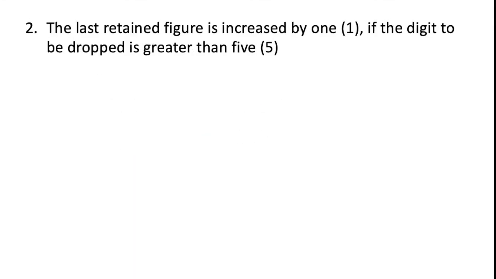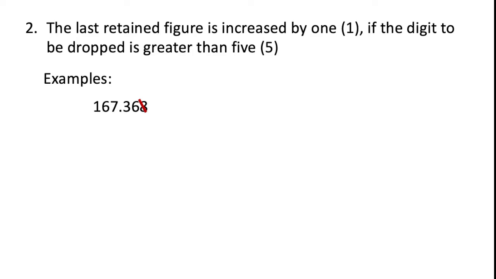Okay, and the second rule is this. It is mentioned here that the last retained figure is increased by 1 if the digit to be dropped is greater than 5. An example of this is 167.368. So I drop off 8, and 8 is greater than 5.